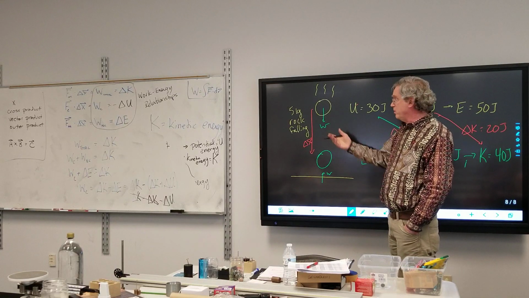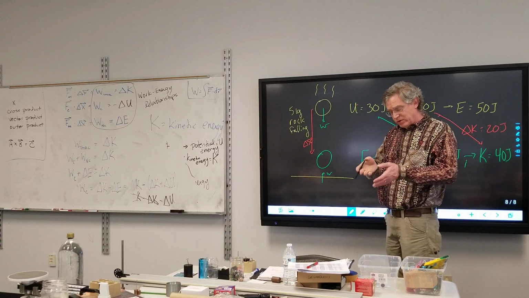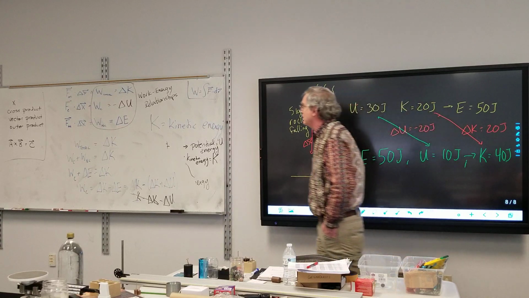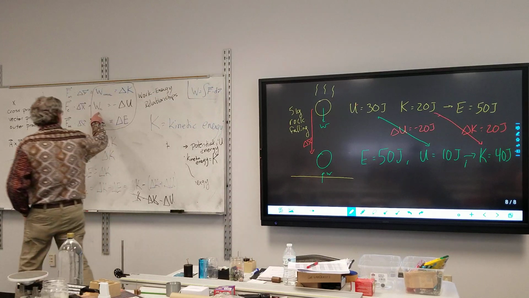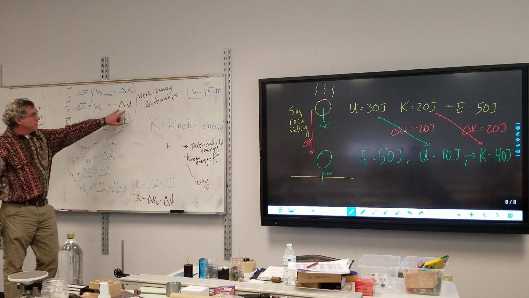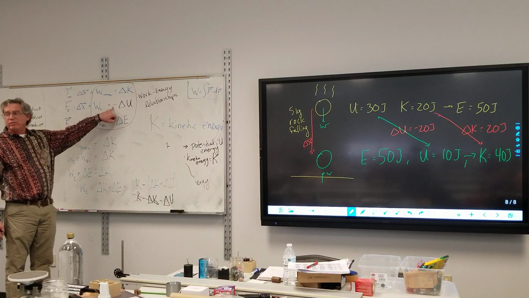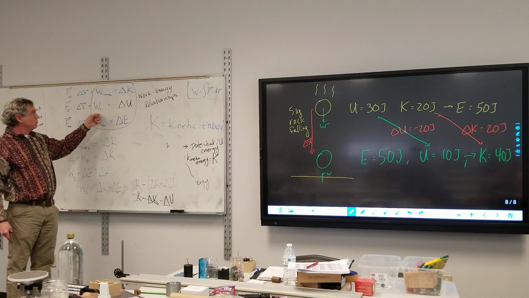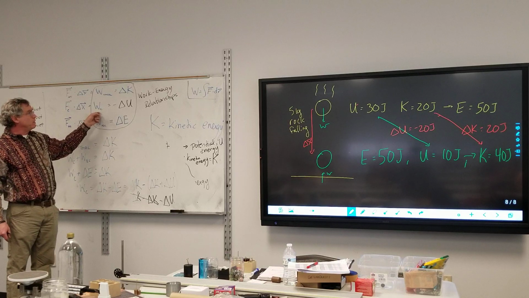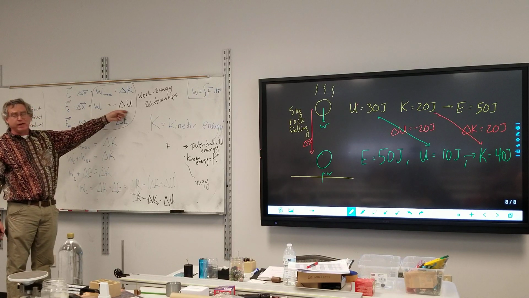So the conservative work being done is positive. If they're in the same direction, it's positive. So my conservative work is positive. My change in potential energy is negative, and the negative out front balances the equation. So the positive number here equals the negative of a negative.